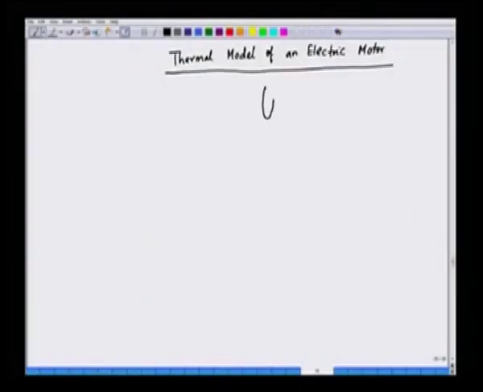So, we have the motor here. This is a motor. What we have in this case is that P1 is generated inside this machine and P2 is dissipated to the surroundings, and whatever heat remains is responsible for raising the temperature of the motor.